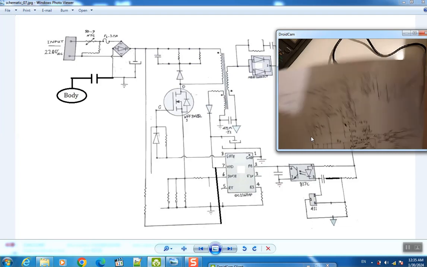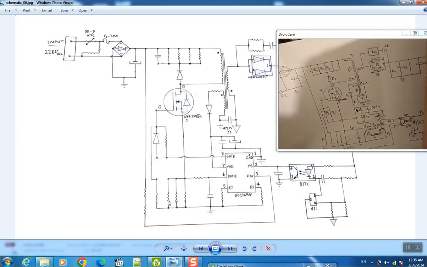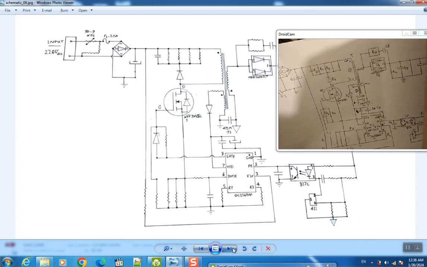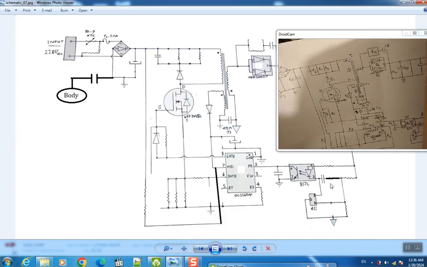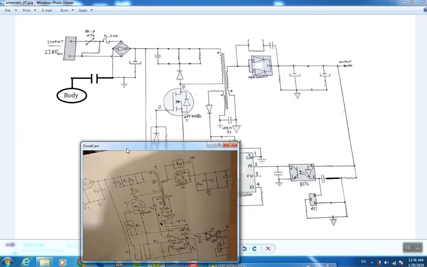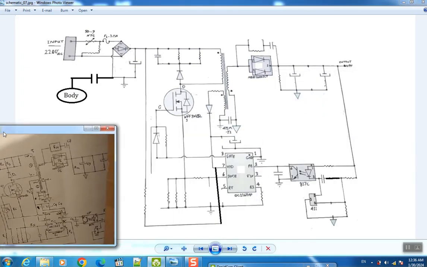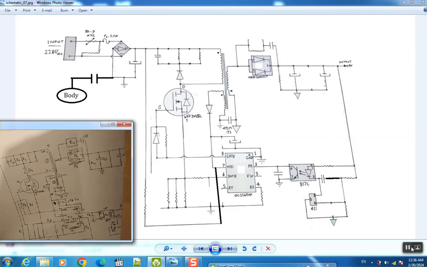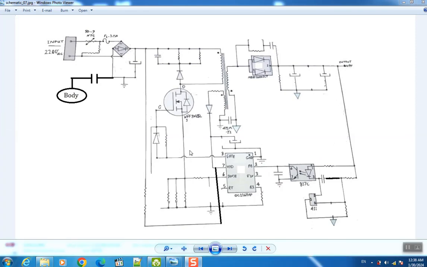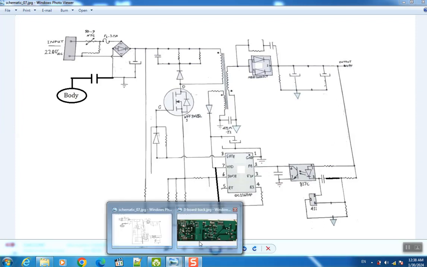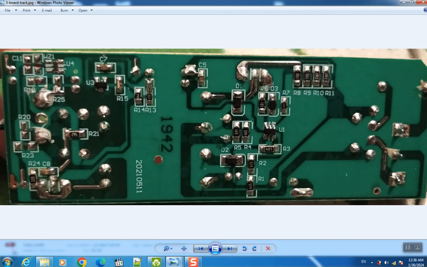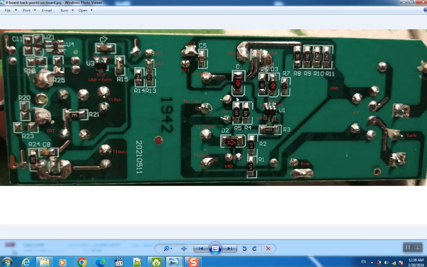As you can see, some elements have been removed, some lines have been added, and I edited the diagram. While I was tracing the elements on the board, I tried to identify the pins and the units on the board, like this.